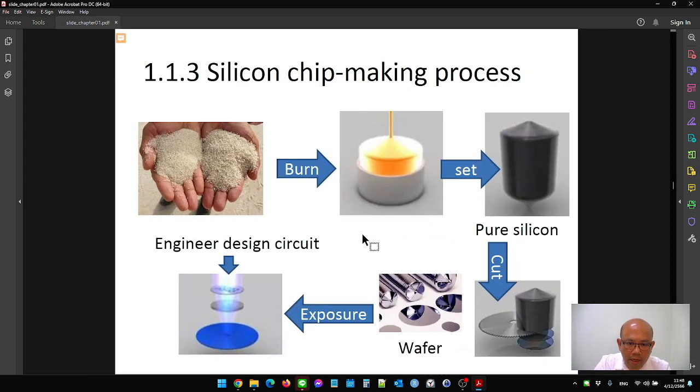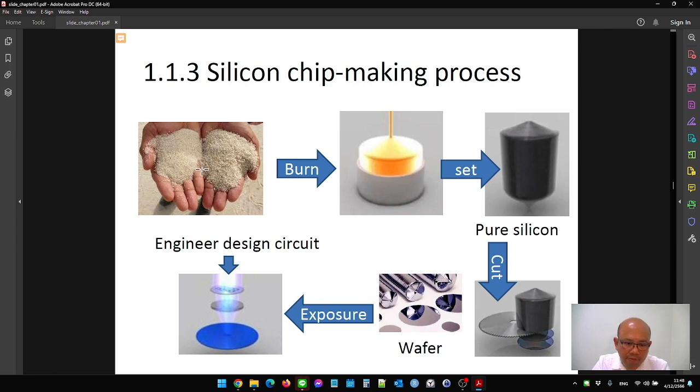The technique changes sand to silicon. That is, bring the sand from the seaside and burn it at a temperature over 5,000 Celsius.